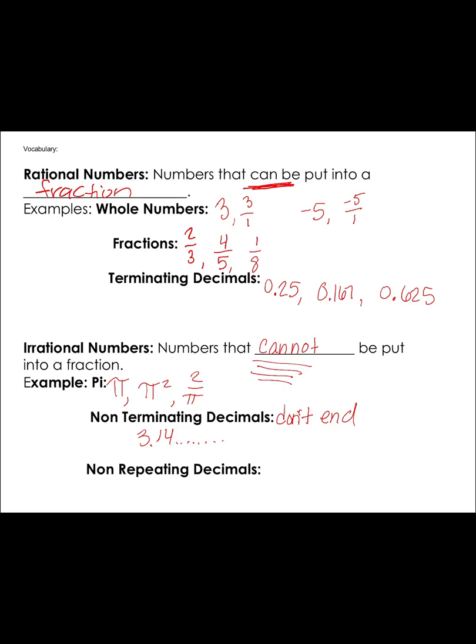And then we have non-repeating decimals as well. So a non-repeating decimal would have no sequence of digits that are repeated, but it goes on and on and on.